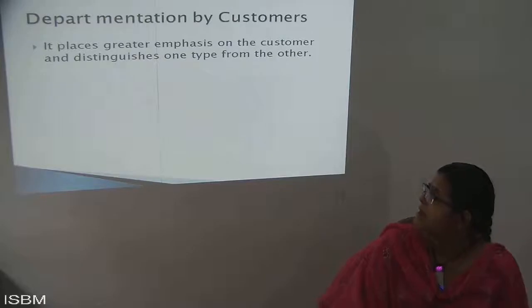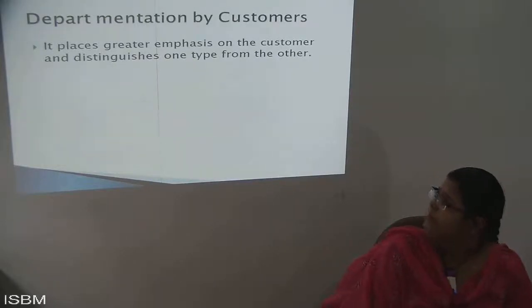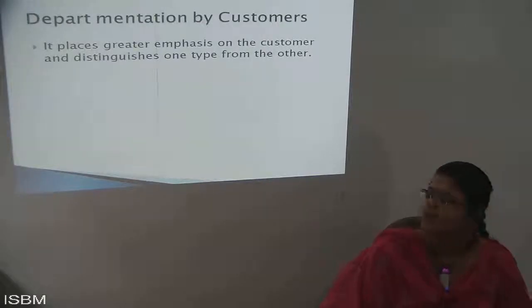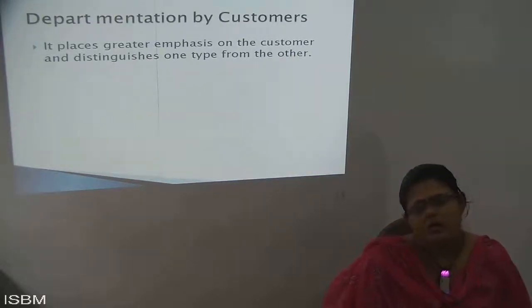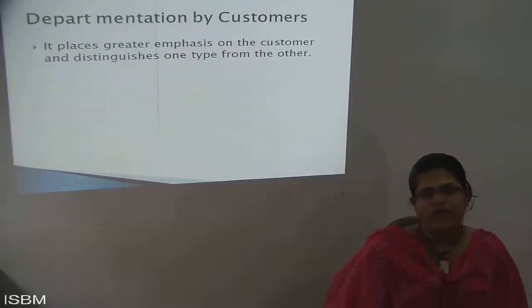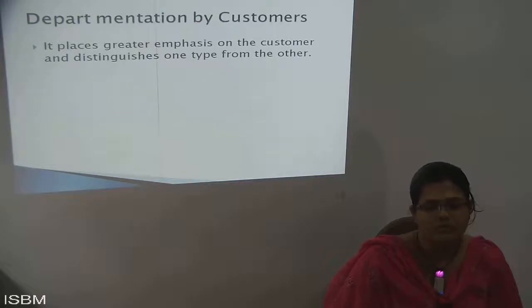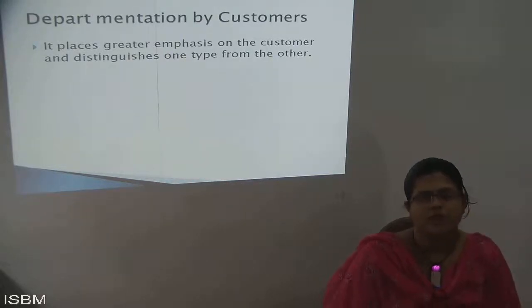Next is departmentation by customers. It plays a great role in distinguishing one type of customer from the other. Currently, among customers you have a retailer or a wholesaler. If I am a retailer and want to buy an article from outside, I have two options: either I can buy it from the wholesalers or I can buy it from a manufacturer.